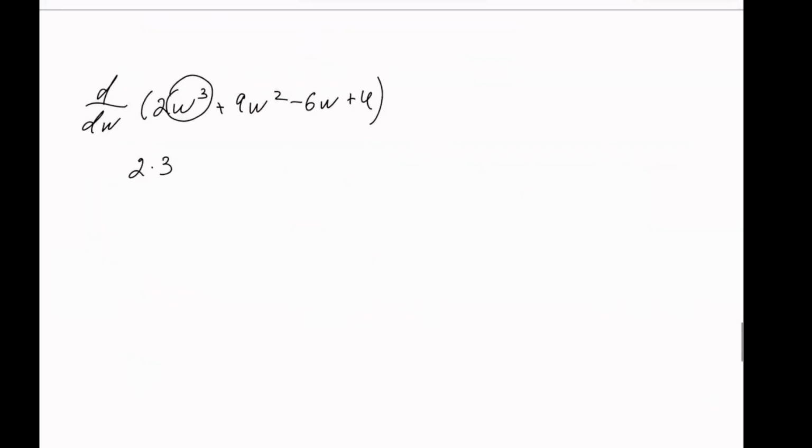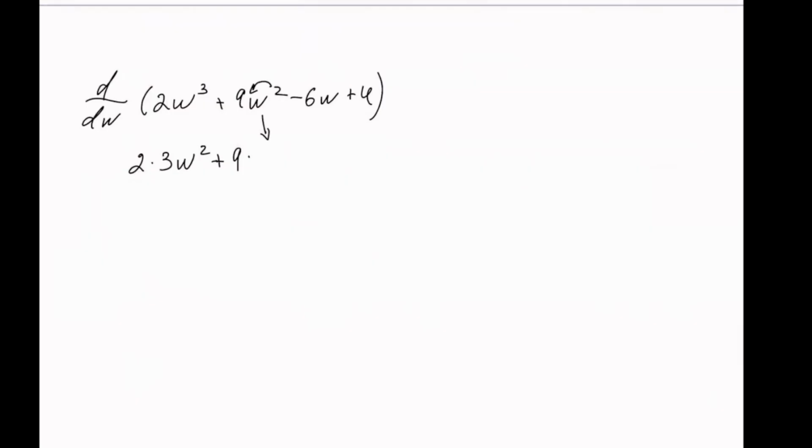It's going to be 3w squared, because we're reducing the power by 1. Now plus, we bring down 9, and then we take the derivative of w squared. We bring this 2 to the coefficient times w, and now we reduce the power by 1. So 2 minus 1 is going to be 1.